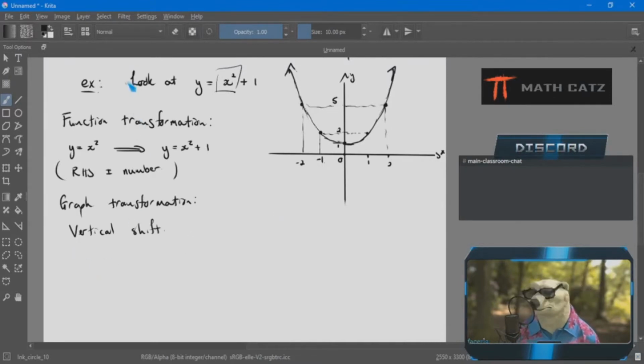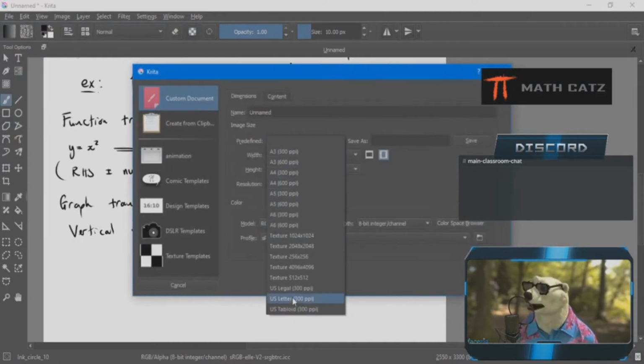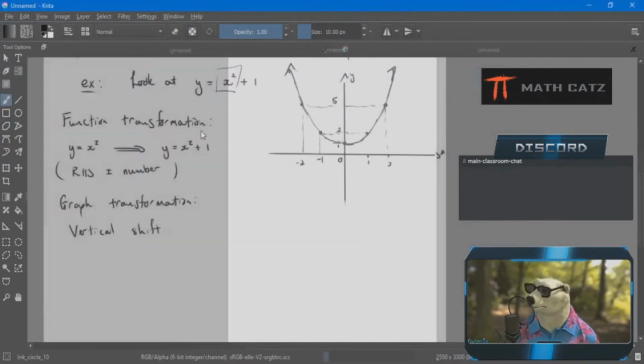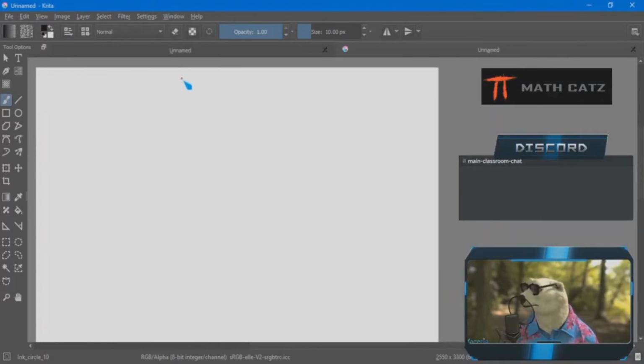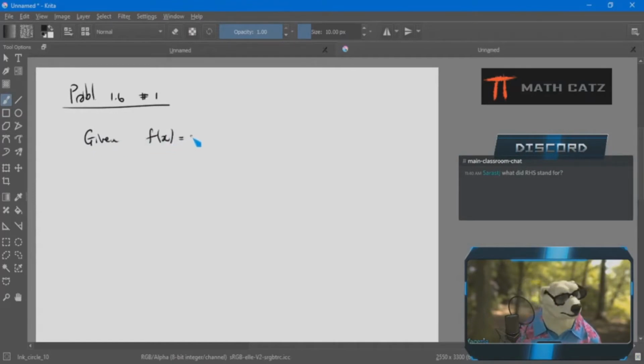So if we do a problem, let me make a new page here. I'll look at problem 1.6, number 1, where I'm given f of x equals x squared plus 2.